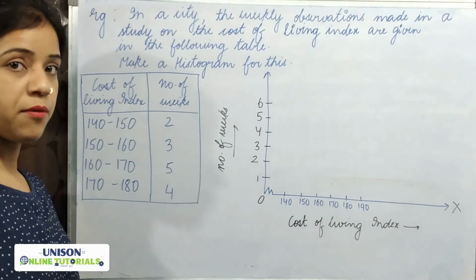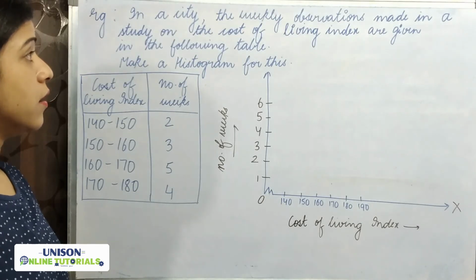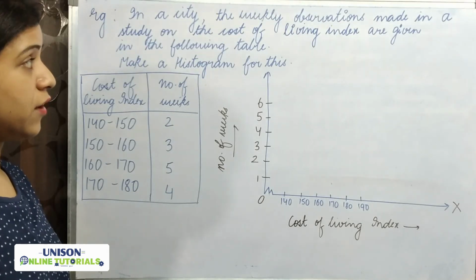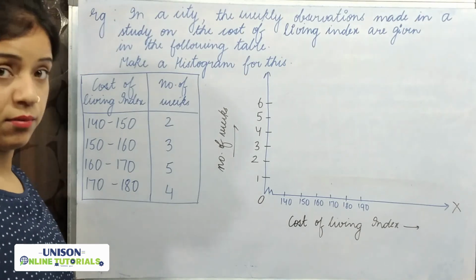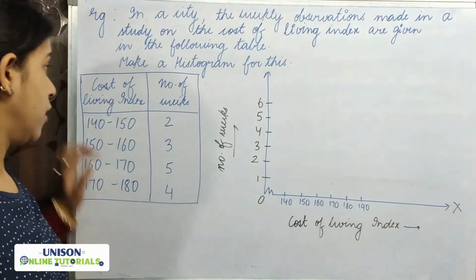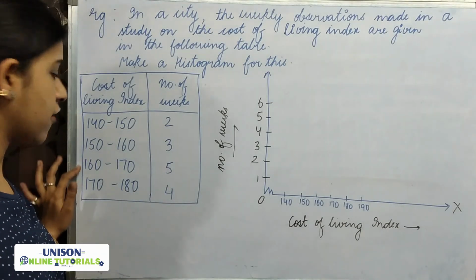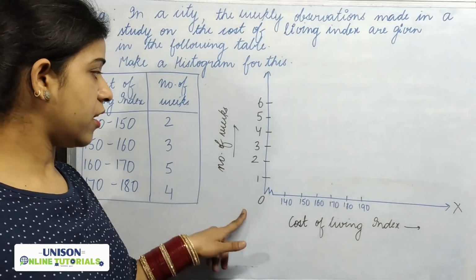Let's take another example for a histogram. In a city, the weekly observations made in a study on the cost of living index are given in the following table. Now we have to make a histogram for this information. Cost of living index, we have a group interval, and here we have number of weeks.